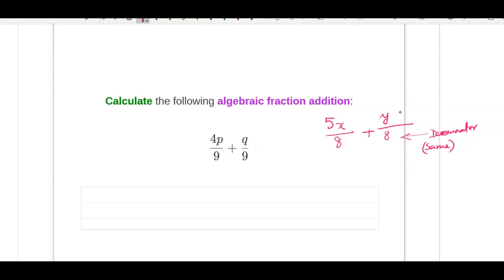If you remember in intermediate, you learned actually how to add 3 over 8 plus say 5 over 8, and nothing changes with the denominator, and you simply add 3 plus 5.